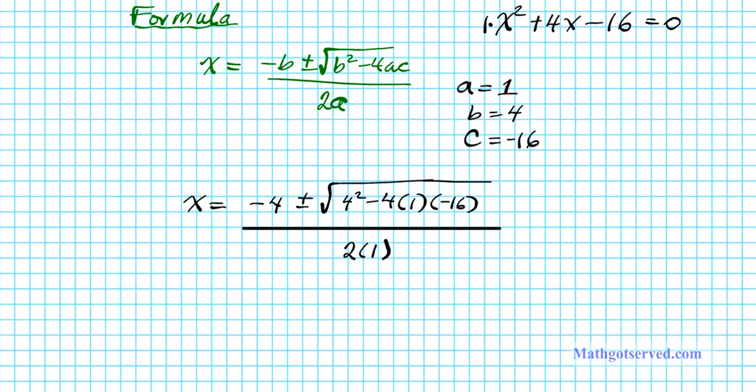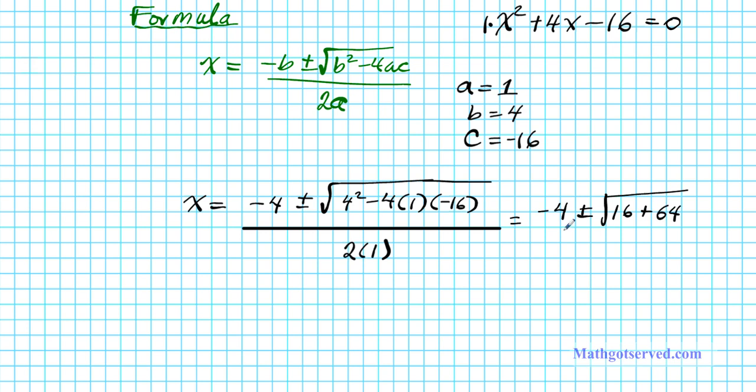After finding the values of a, b, and c and plugging it into the quadratic formula, the rest is simply arithmetic. So using the order of operations, let's deal with this radical piece here, plus or minus the square root. 4 squared is 16. Minus times minus is plus. 4 times 16 is 64.